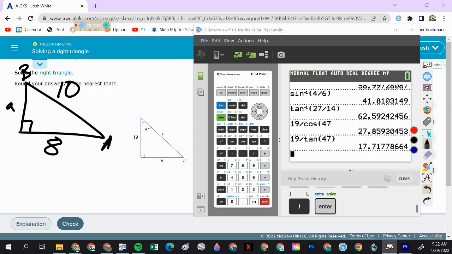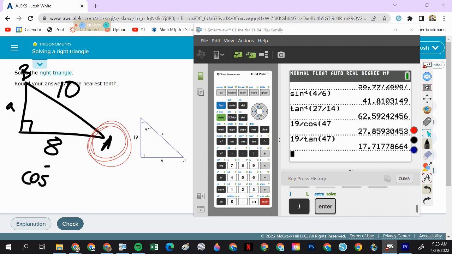Well, let's wait a minute. If I want angle A, what ratio do I need to pick? Cosine. And we're looking for the angle, which means I'm actually going to use cosine inverse.